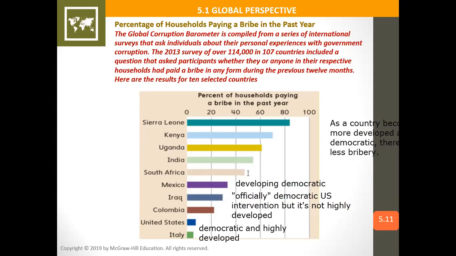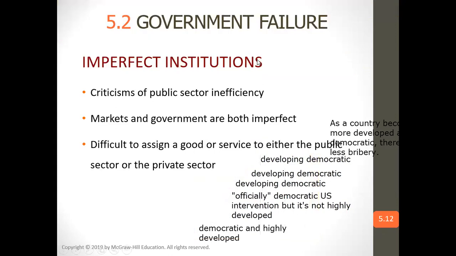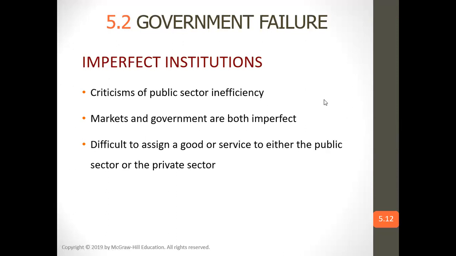But then South Africa is developing and democratic, but there's a lot of bribery that happens. India is developing and it's democratic, but like Uganda, Kenya, and Sierra Leone, I believe they are autocratic. So imperfect institutions, criticisms of public sector inefficiency, markets and government are both imperfect. Like they make mistakes.